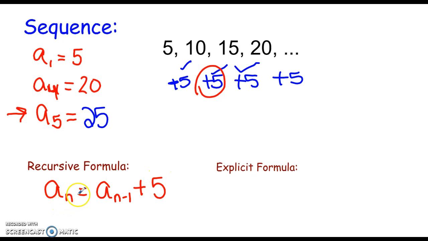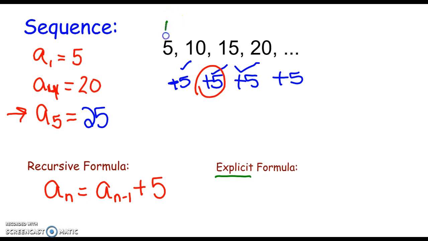You can find any term by taking the previous term and adding 5, which is wonderful, except if I wanted to find the 100th term, it would take me a really long time because I'd need to first find the 6th, 7th, 8th, and all the way to the 99th term in order to get to the 100th. So that's where the explicit formula comes in handy. Explicit formula will relate everything to the term number, meaning n.